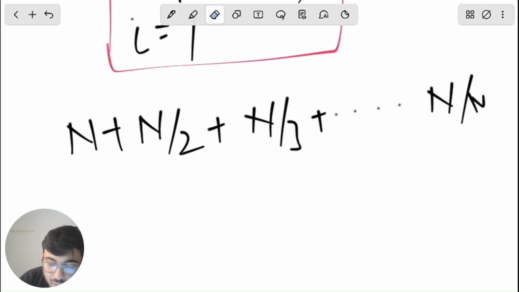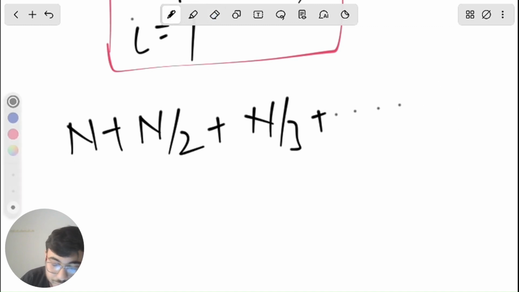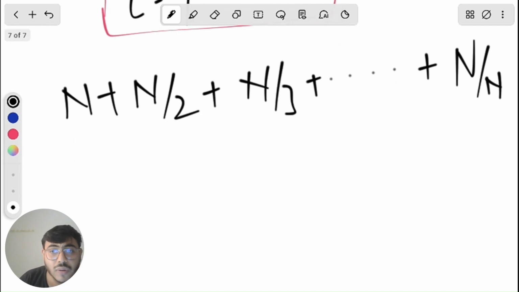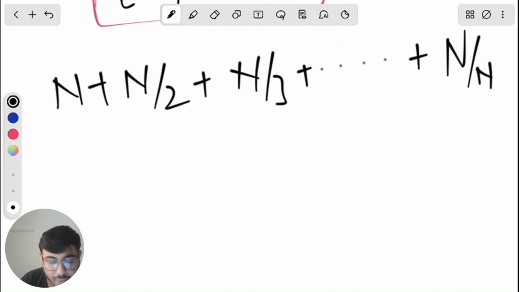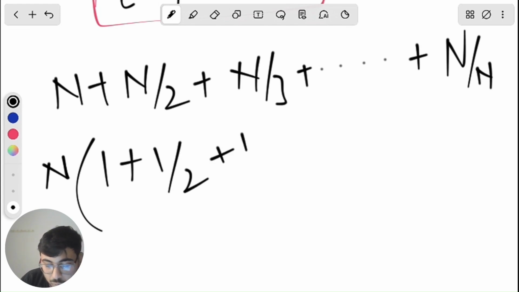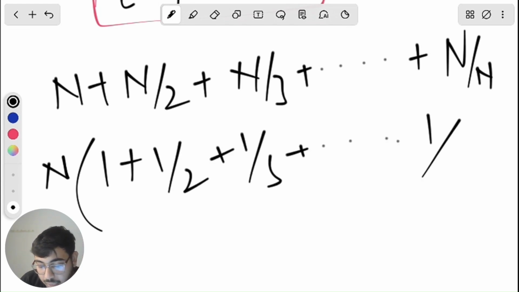And n by n is basically 1, so I'll just write 1. Now what I can do is take n common from all these terms. So when I take n common, this becomes 1 plus 1 by 2 plus 1 by 3 plus up till 1 by n. Okay, now we are getting something.